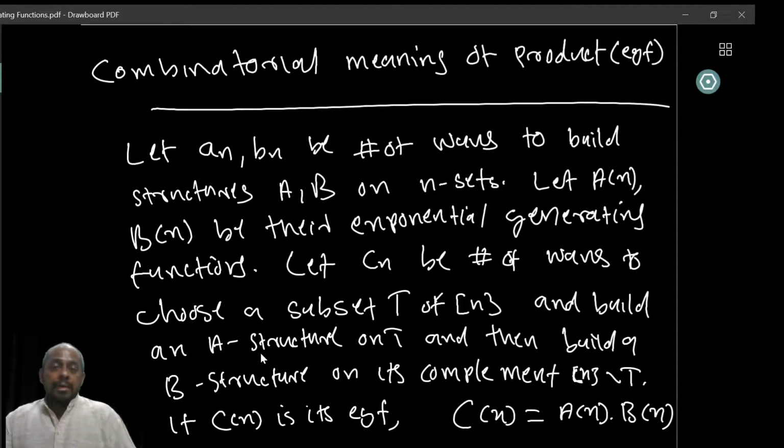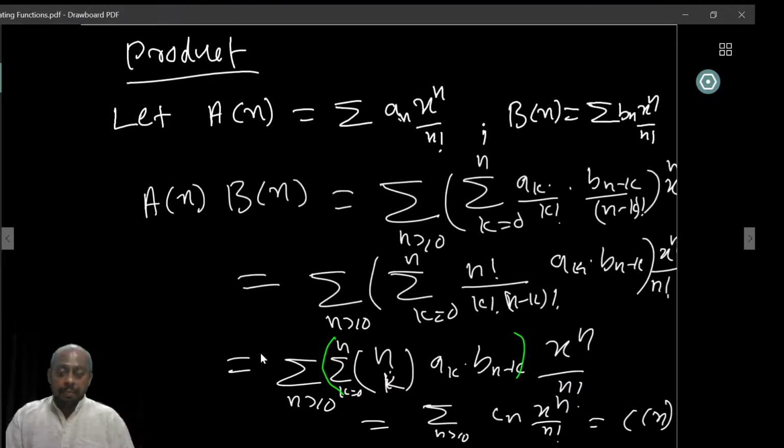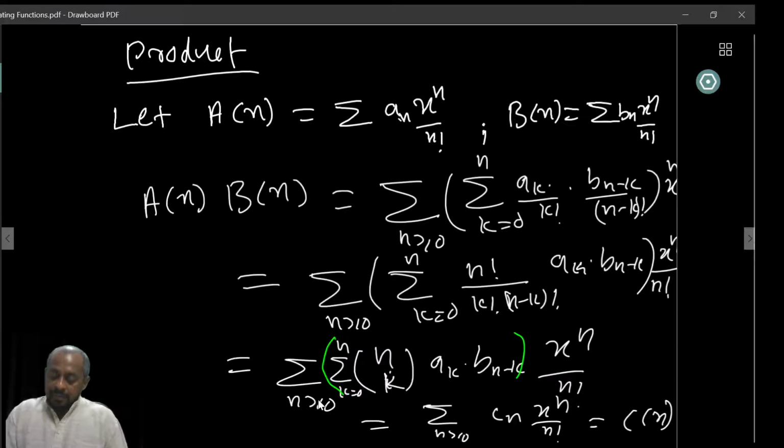So we can arbitrarily choose the subset. If you look at the product A of x times B of x, what we were saying is that you are looking at the summation of n choose k, a_k, b_{n minus k}.